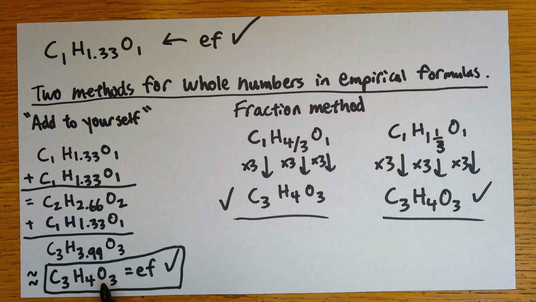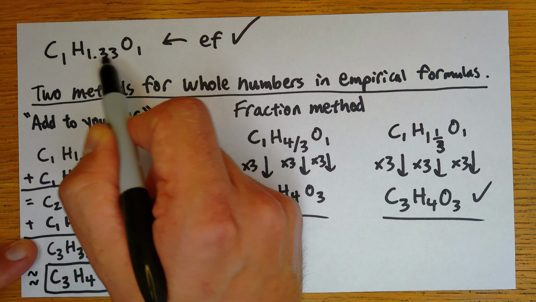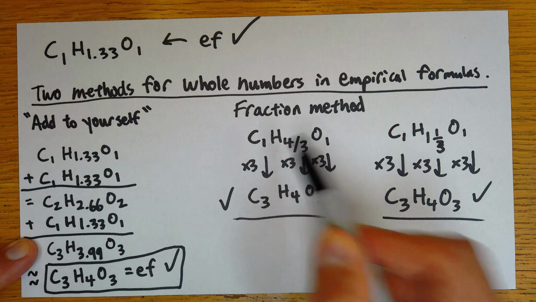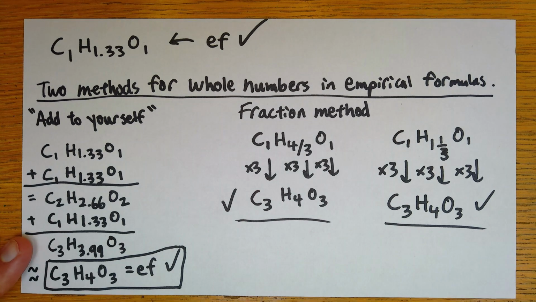And I think the idea that they're trying to teach and making you turn it into a whole number is getting the idea across that in reality there's no such things as decimal or fractional atoms. They want you to feel that that is nonsense. And that point is fair. That point is true. All right, we are at the halfway point for this last problem.